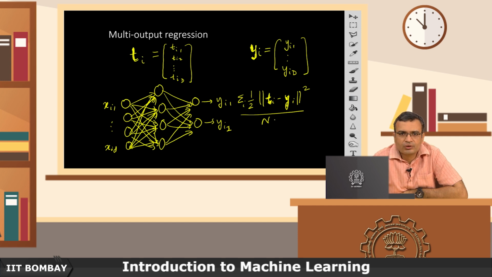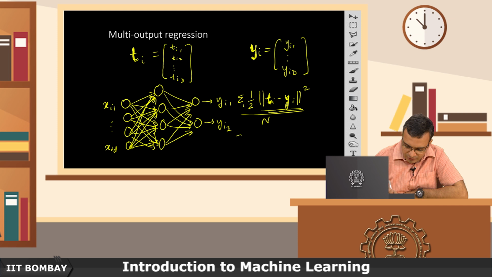Whenever we have multiple outputs to be predicted, we can use a loss like this, which is a generalization. Here we don't have a simple difference, we have a vector difference, and then we will take its L2 norm and then square that.